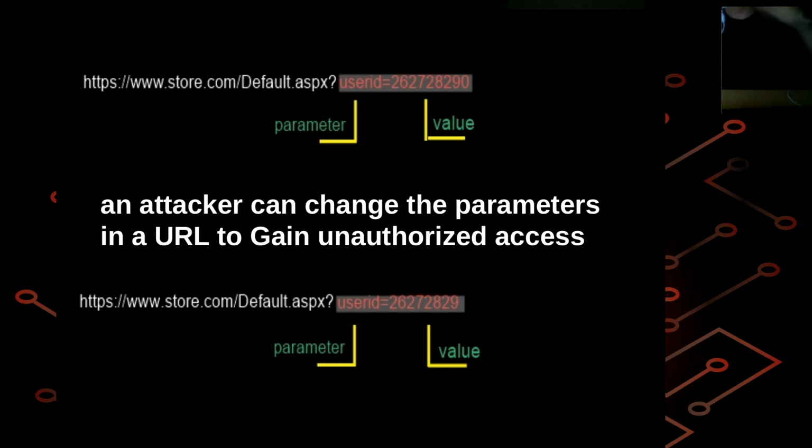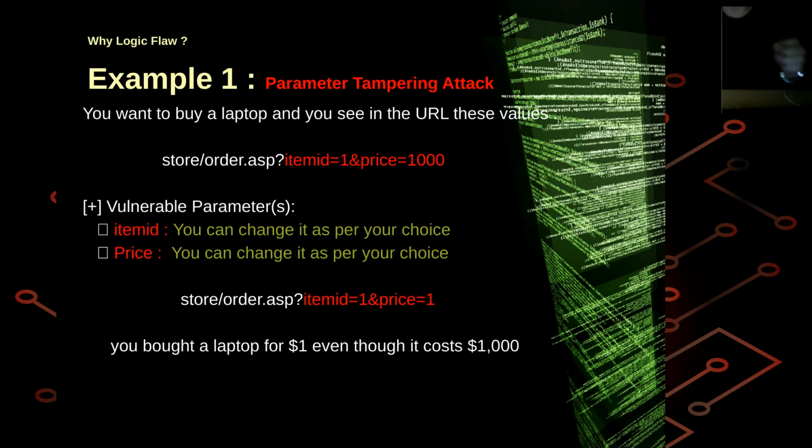We have an example of the parameter attack. Say you want to buy a laptop and you see in the URL a value like this: store order ID, with an HTTP parameter with value 1 and a price parameter with value 100. When we see this, we find that there are two variable parameters, the HTTP parameter, which we can manipulate, and the price parameter, which we can also manipulate.